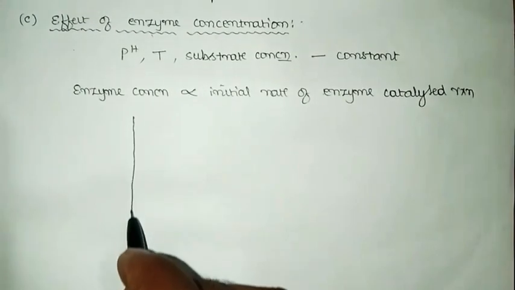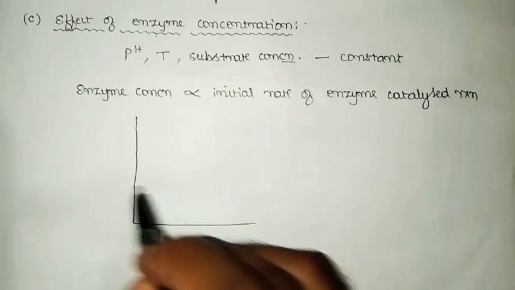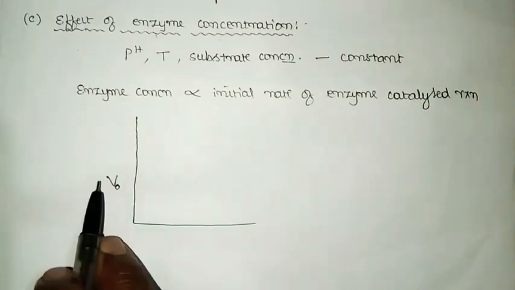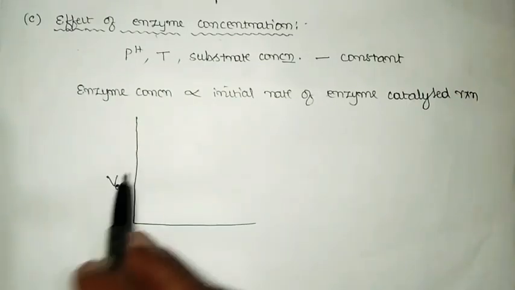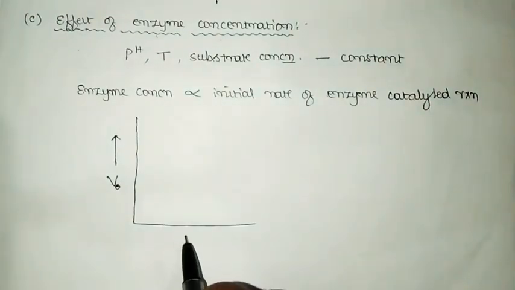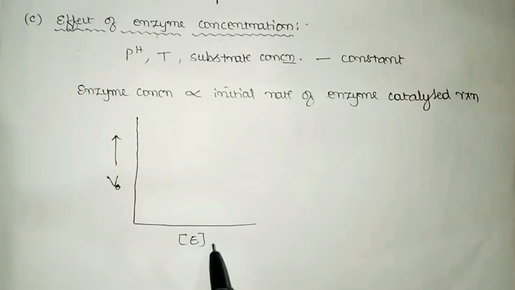Let me show you in a graphical way. If you consider V as the velocity or rate of reaction, let me take V naught, which indicates the initial rate or initial velocity of the reaction, against the concentration of the enzyme.